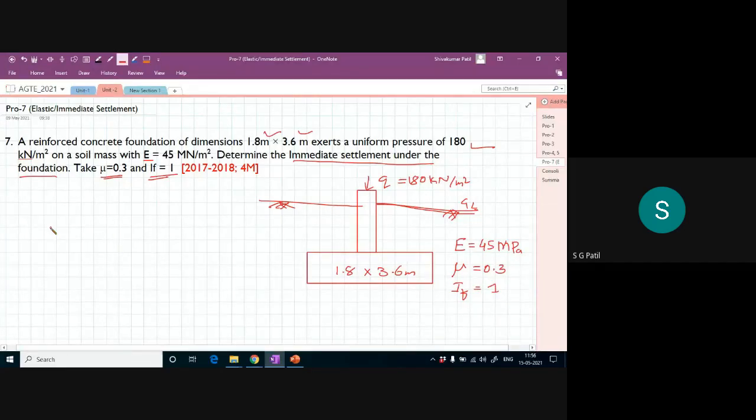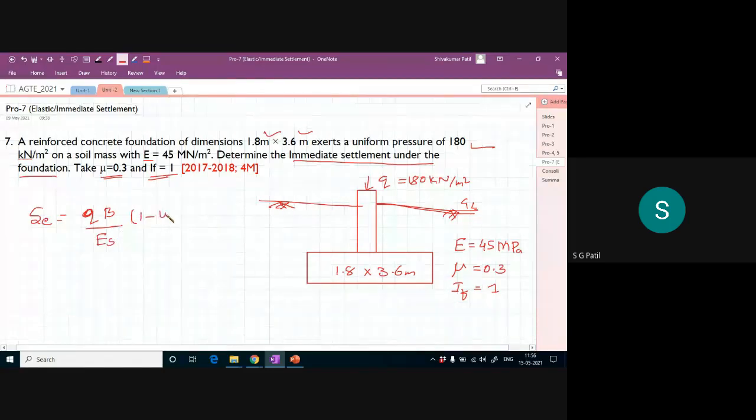So what is the formula? Tell me. SE is equal to Q into B divided by your Young's modulus into 1 minus mu square into your influence factor.